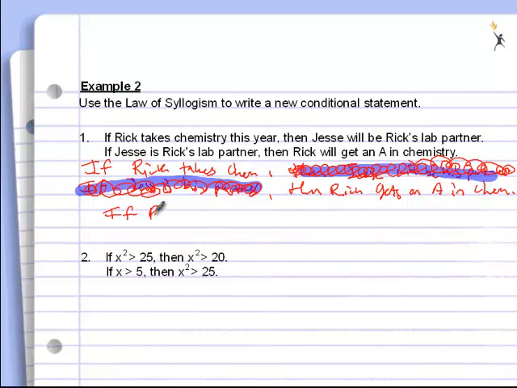If Rick takes chem, then Rick gets an A in chem. The reason we can do that is because assuming that Jesse is his partner is also assuming that Jesse will help him get an A. So we can actually cross it off when we form a new statement.